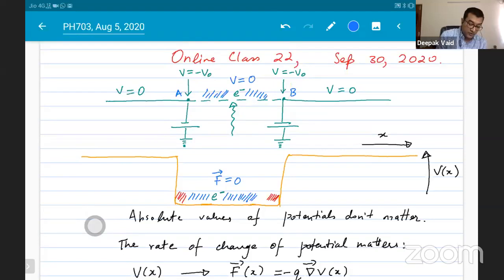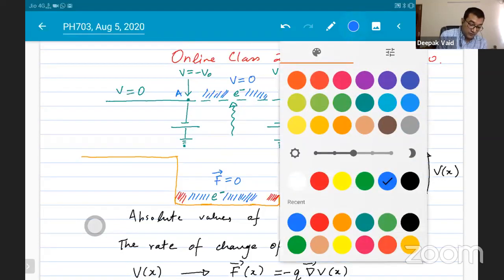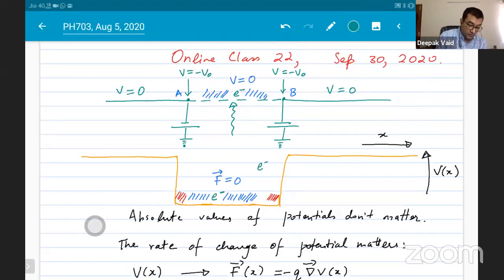If you want the electron to jump out of this region and go over here, what do you need? You need to give the electron a certain amount of energy, right? How much energy? You need to give it an energy delta E equal to the charge of the electron times the height of this potential.